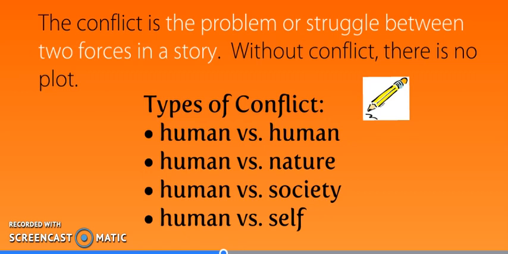You can have human versus society, where people are fighting against things that society is trying to make them do, or ways that society is trying to make them feel. And finally, you have human versus self. This is when we become our own worst enemy, and it's our own decisions and our own insecurities and our own fears that actually cause the problem, and not anything else. Pause and get those written down.